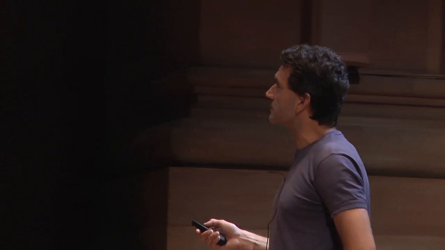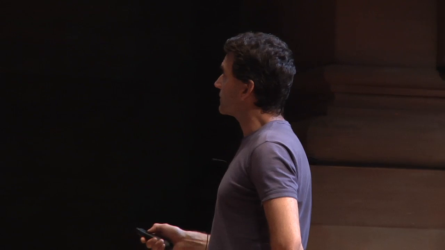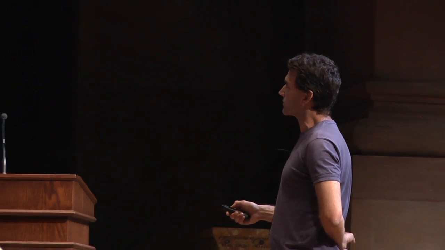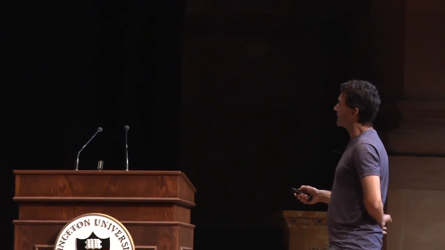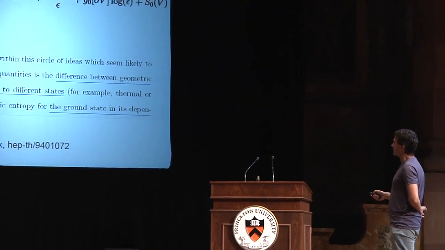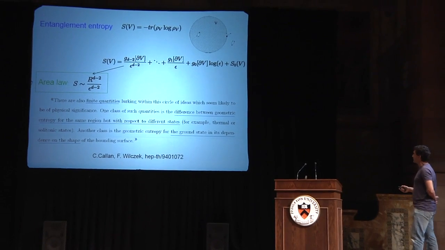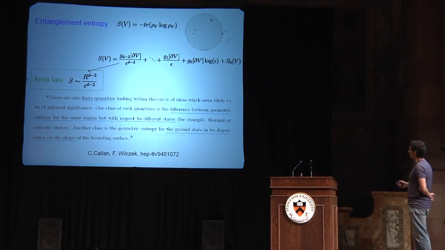So one has, in general, an expression of this form, completely general in any dimensions, where we have divergent terms. This epsilon here is a short distance cutoff. It starts with an area term, and then we have other subleading divergences, eventually a logarithmic term, and some finite part.